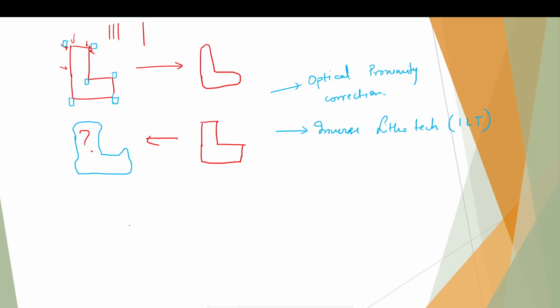We have talked about most of the things now. Okay, one last thing I'll tell. So we have already talked about all these things, I'll just list out all of them. Resolution enhancement techniques.